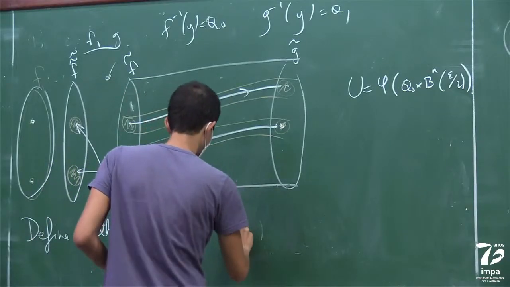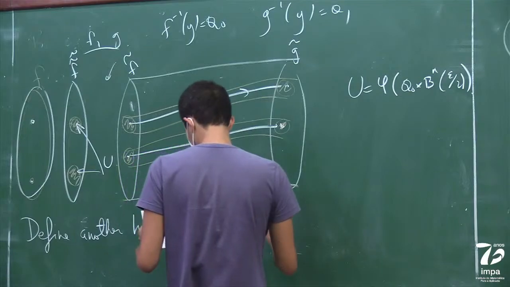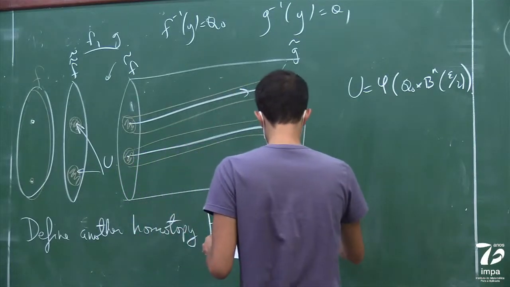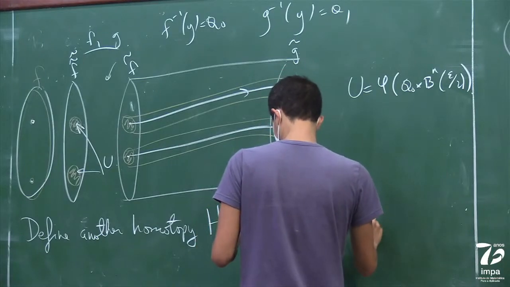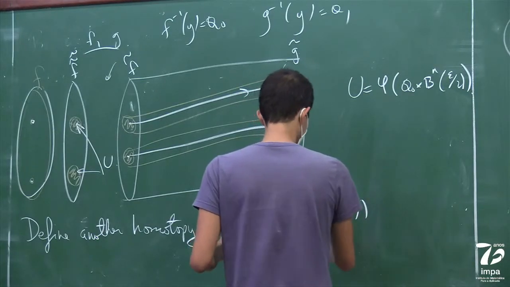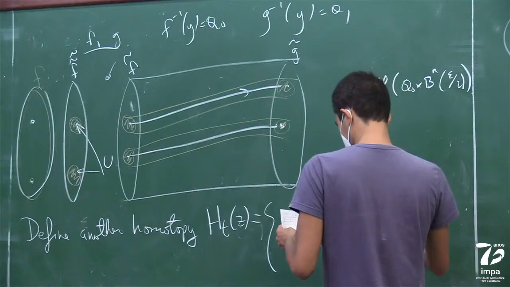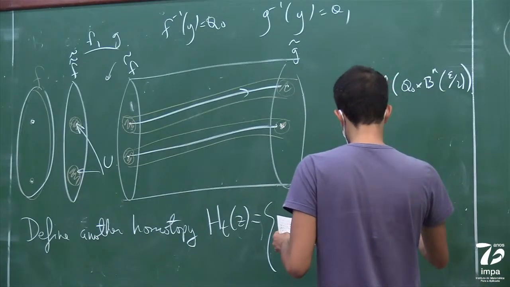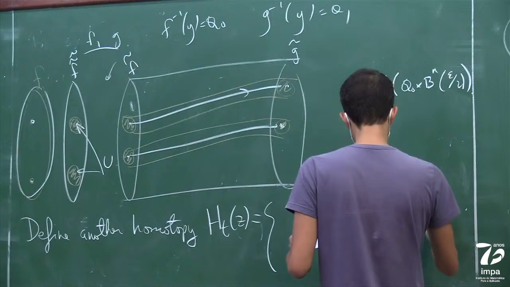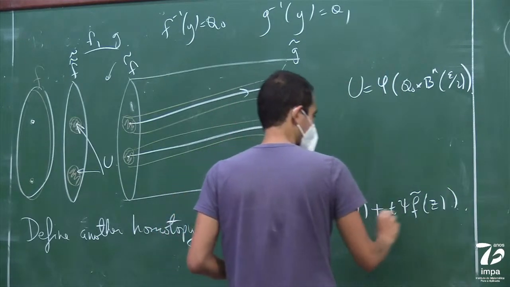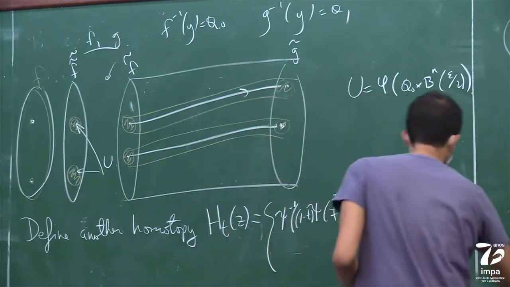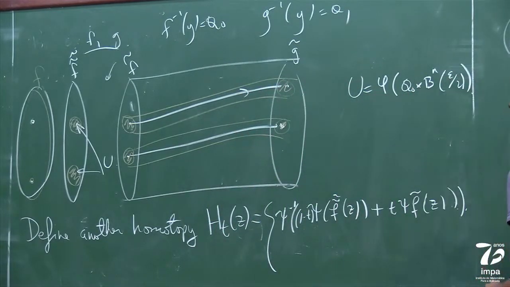So HT of Z is going to be psi inverse of (1 minus T) times psi of F double tilde, plus T times psi of F tilde. So I do the linear thing, but I have to put the stereographic projection.